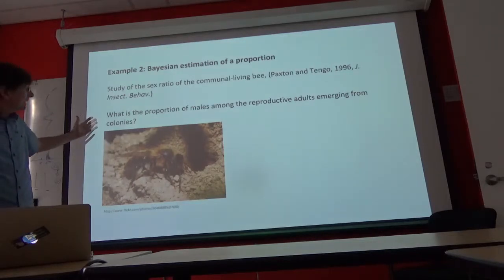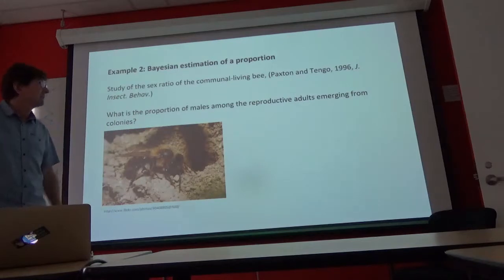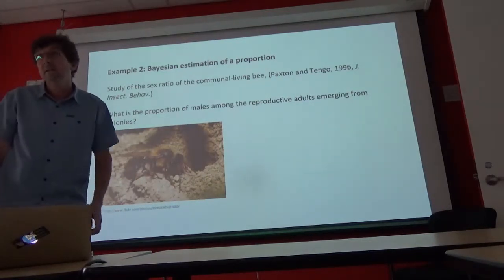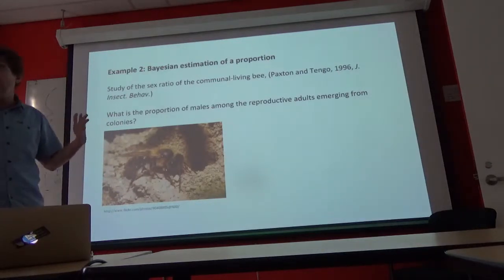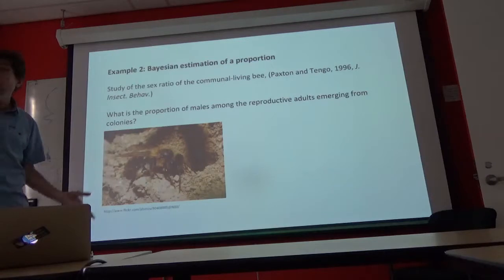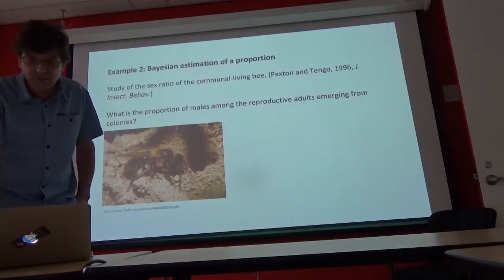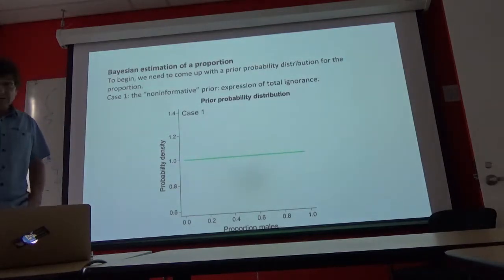Let's say, as part of this study, we want to estimate the proportion of males emerging as reproductive adults from the colony. We know how to estimate a proportion. We've done it before. We know how to use likelihood. Now I want to show you how this would work using Bayesian methods, which go beyond likelihoods because they have a prior. So to begin with, we need to come up with that prior.